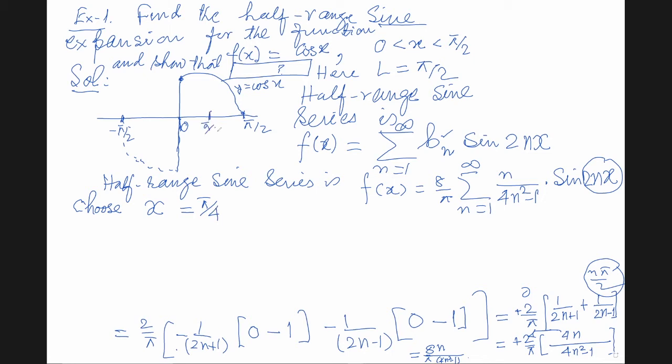At pi over 4, the function is continuous. So f of pi by 4, what will be that? Cosine pi by 4, is it correct or no?